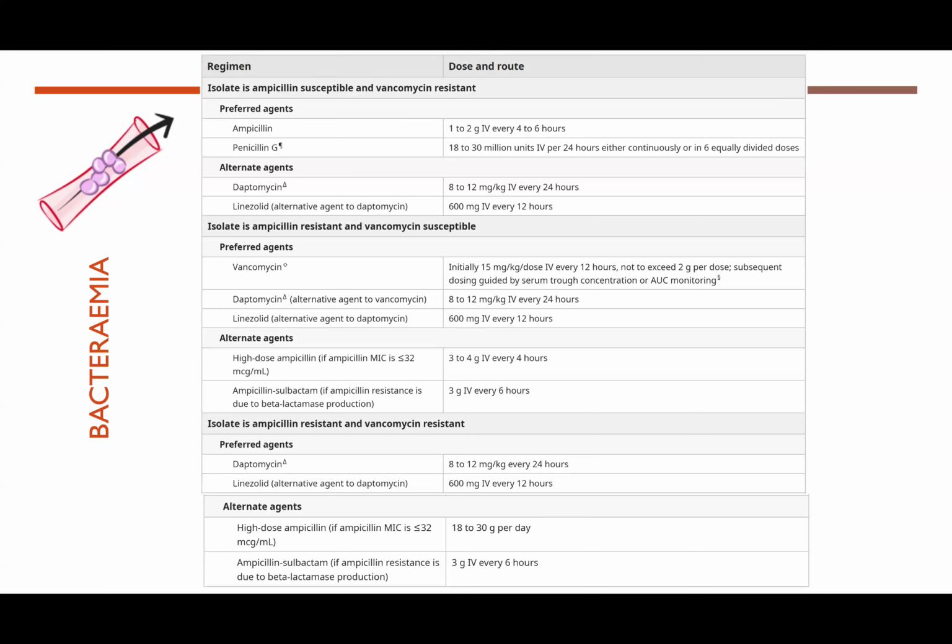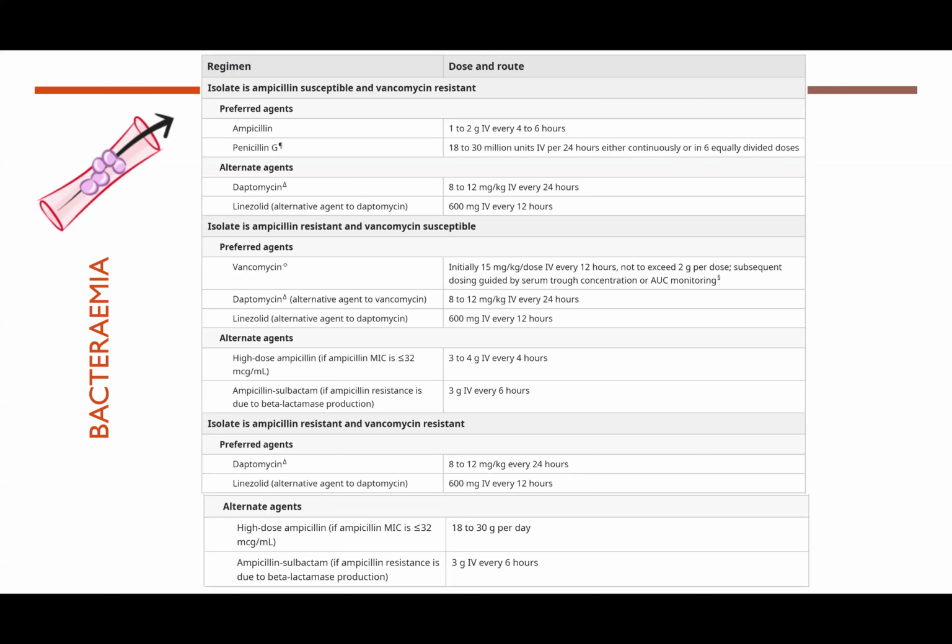In terms of vancomycin resistance, linezolid can be used for treatment of infections caused by vancomycin-resistant enterococci. Linezolid for the treatment of endocarditis is uncertain, although there are some anecdotal cases suggesting some utility.